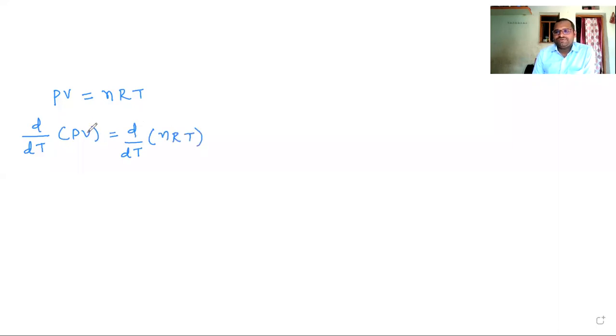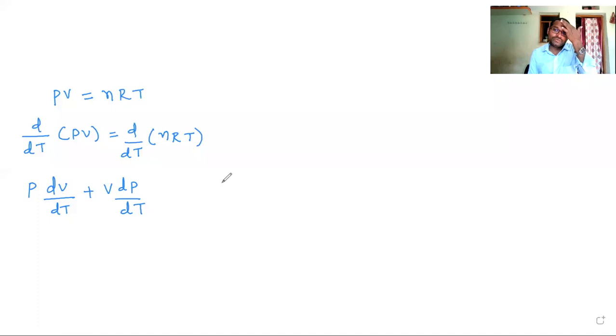As P and V both are variables, first I am taking pressure constant and taking the derivative of volume with respect to temperature. Now consider volume as constant and take the derivative of pressure with respect to temperature. I am using the UV form: derivative of UV is U dV plus V dU, is equal to nR constant.